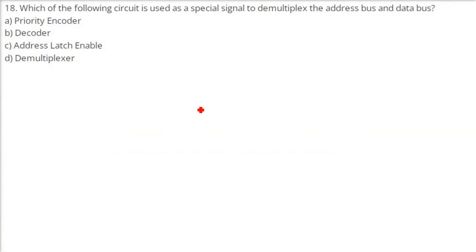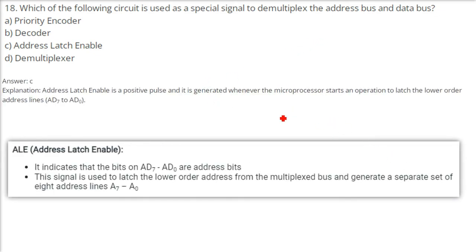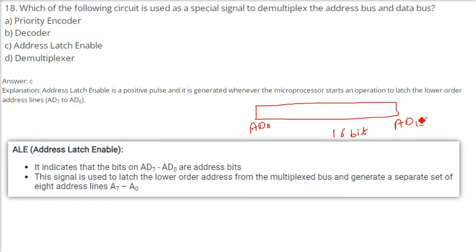Which of the following circuits is used as a special signal to demultiplex the address bus and data bus? So let me tell you the whole scenario first. The whole 16-bit address, the 16 wires from AD0 to AD15, is the address bus.